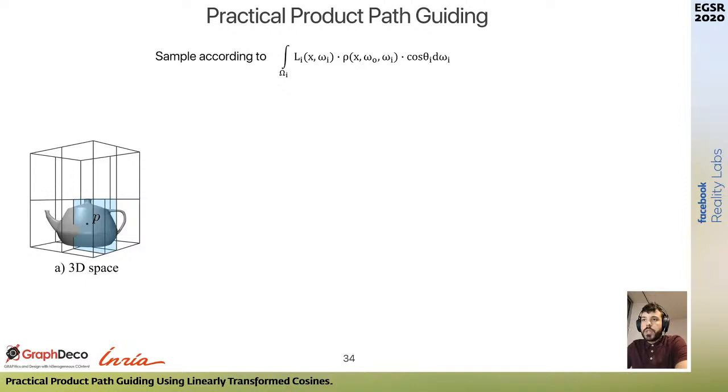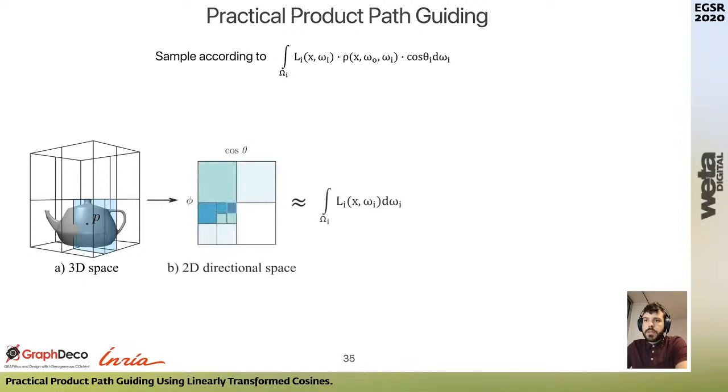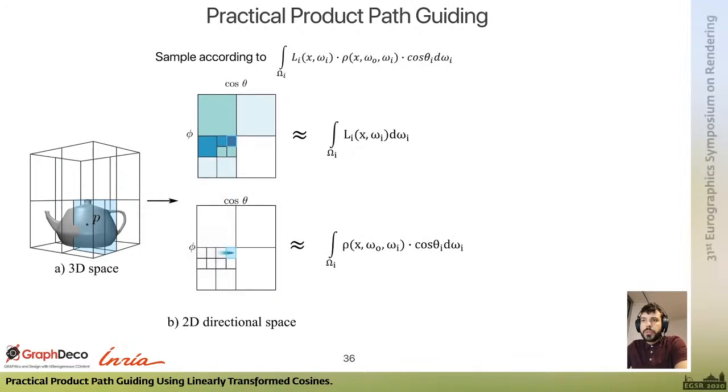The way we achieve product sampling is as follows. Given an intersection point in a 3D space, we have the corresponding quadtree, which stores the incoming radiance. For each node of the quadtree, we want to compute the integrated cosine weighted BSDF value.